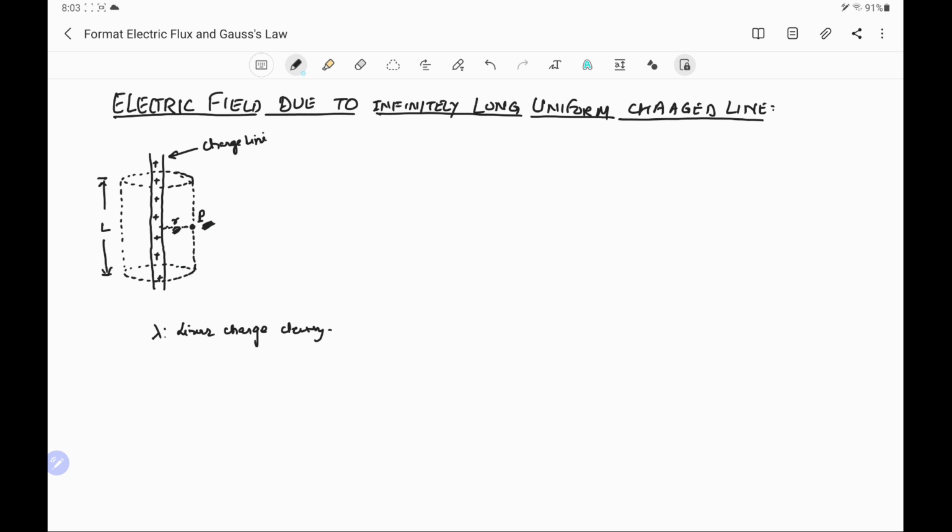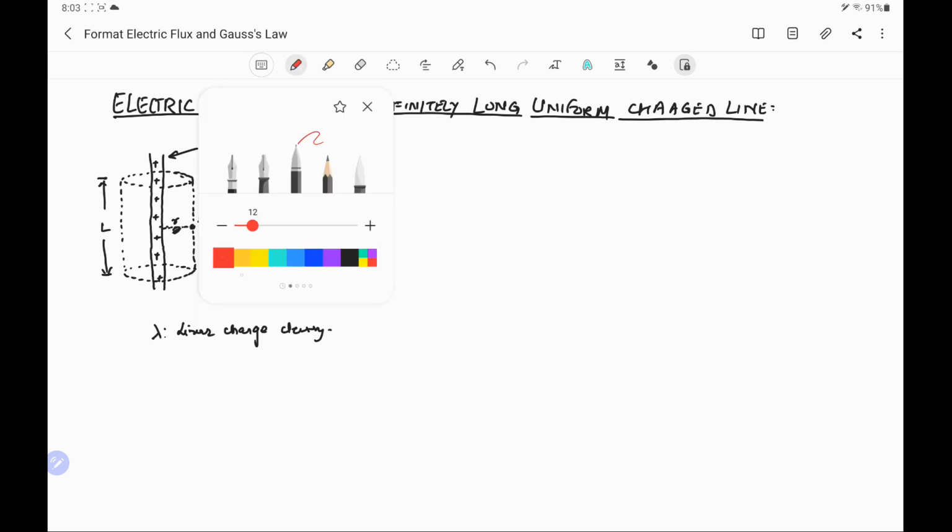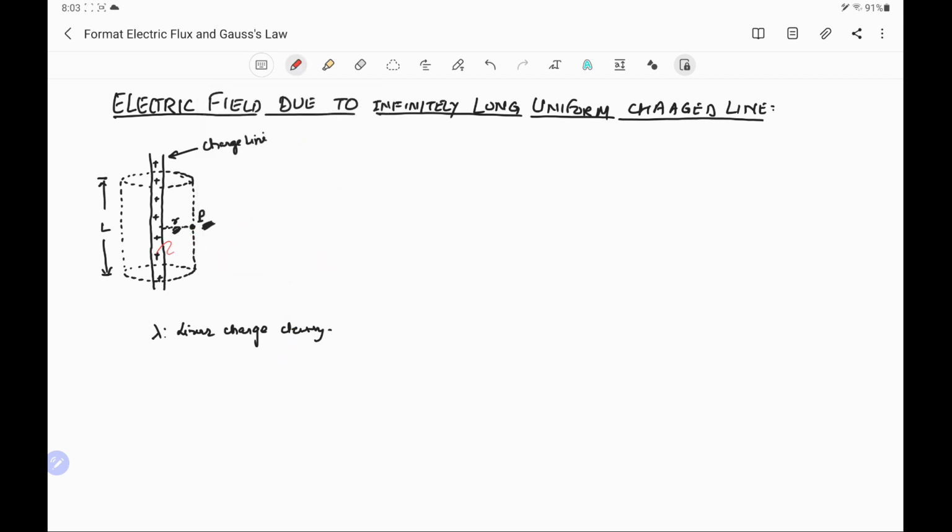at the point P. From symmetry, we can check that if we take an elementary charge of the charge line, and due to this charge, if we check the field and make the components of this elementary field, there are two components. One is perpendicular to the line, say this angle is theta, dE cos theta, and another component will be dE sin theta.